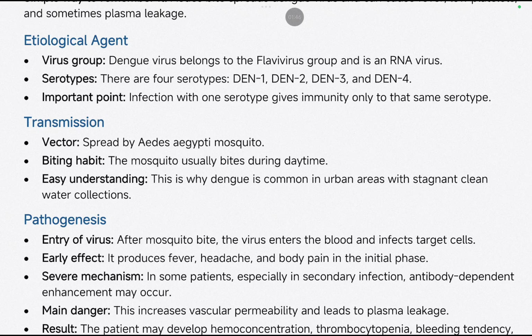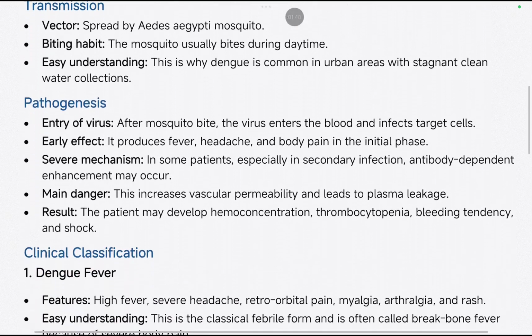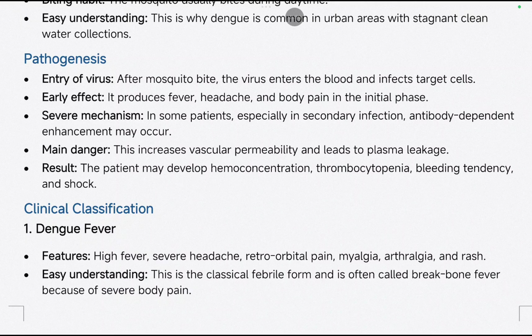So, what is the pathogenesis? Entry of virus: after the mosquito bite, the virus enters the blood and infects target cells. The primary infection produces fever, headache, and body pain in the initial phase. Now, if the infection occurs again, this is called secondary infection.